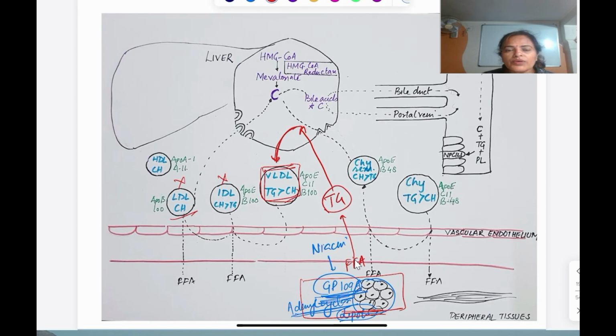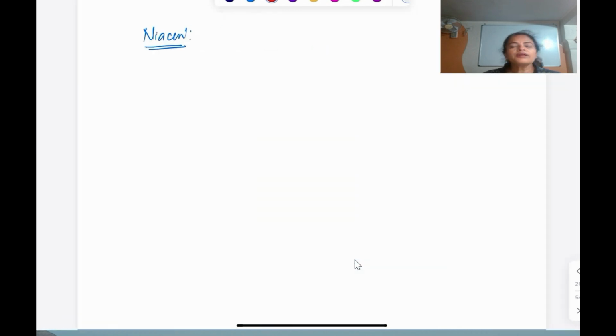So this is how niacin or nicotinic acid is going to act. As I have already told, this drug has to be given in a high dose, like आप 1 gram देते हैं, and a few patients cannot take this dose. The most important adverse effect is that it is a cutaneous vasodilator.